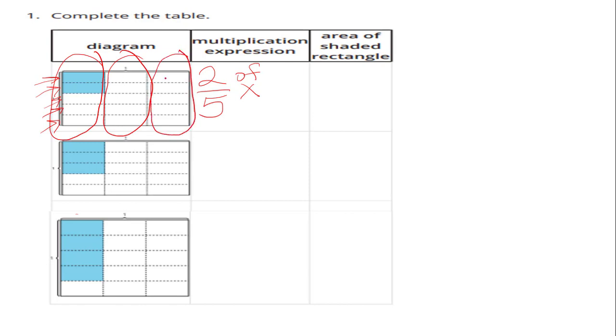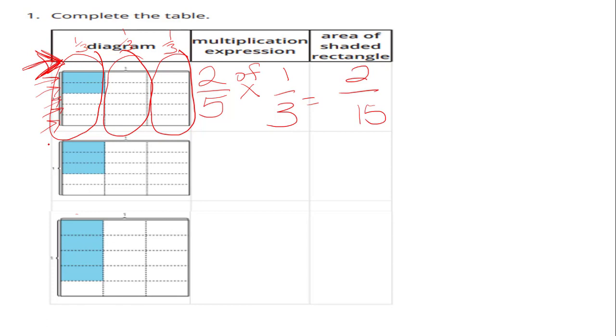So the whole is divided into 3 sections. So out of that 1/3, I have 2/5 shaded. So 2/5 out of 1/3 gives me 2 times 1 is 2, 5 times 3 is 15. So the area of the shaded rectangle on the first diagram is 2/15.